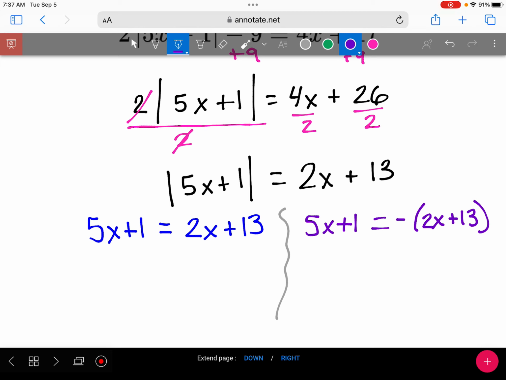The opposite of the whole chunk, not just the opposite of the 2x. These ones that have letters on the other side are very easy to get wrong because of this right here. Very, very easy to forget to put parentheses around it.